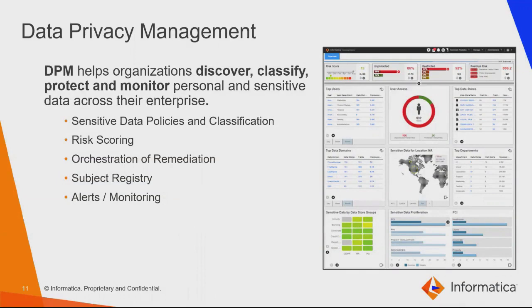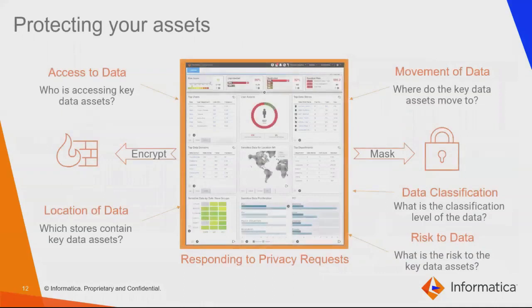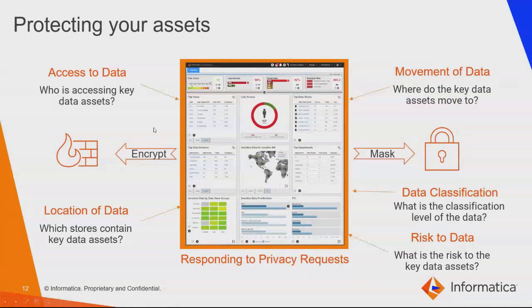The framework includes tracking the sensitive data policies and classification policies, risk scoring, orchestration of the remediation of the sensitive data, an object registry for DSAR requests, and alerts or monitoring for data breaches. Protecting your data assets and responding to privacy requests basically includes knowing who is accessing the key data assets, where the data is stored, and tracking the movement of data.